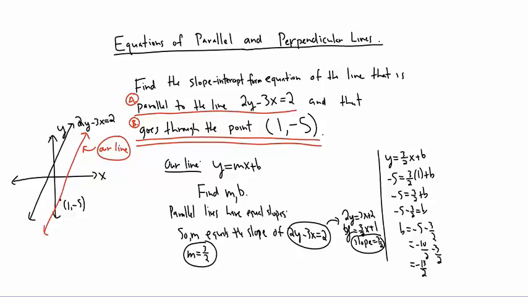And we get negative 13 over 2. So the slope-intercept form of our equation is this right here. This red line over here has this as an equation.